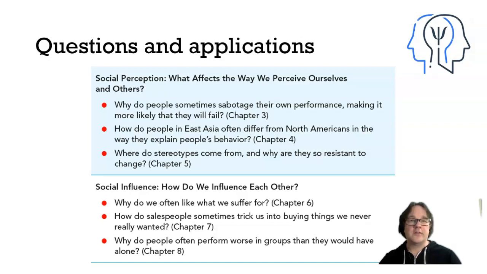Another area that is of interest to social psychologists is social influence. So how do we influence each other? Some questions that a social psychologist might ask is, why do we often like what we suffer for? Think about it.